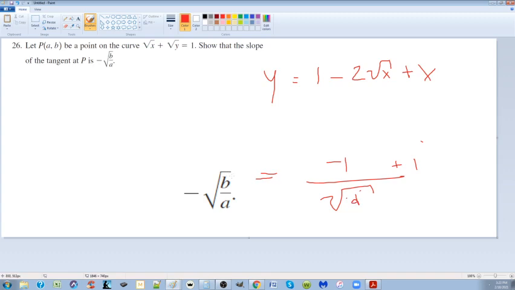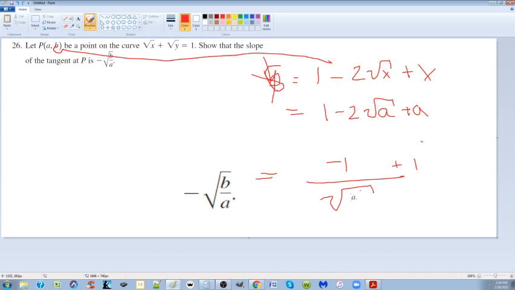Which doesn't quite give me enough information because we can see that there's a point B in here. Okay, let's leave this with an A in it instead though. And we're going to solve y here, so y is point B. So B is equal to 1 minus 2 square root of A plus A, right? Because point B is the result of this formula with A in it, okay?